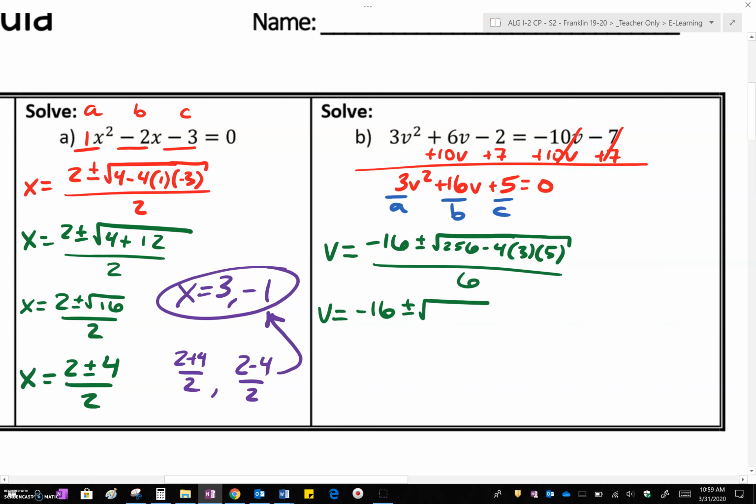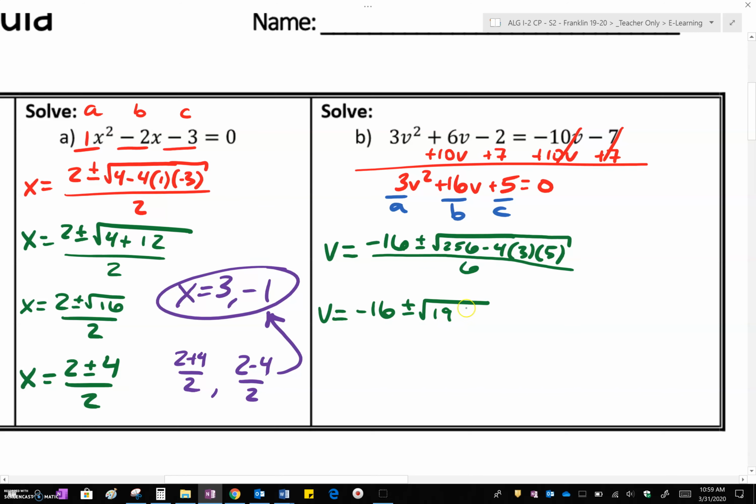Let's figure out the square root. 256 minus 4 times 3 times 5. Well, 4 times 3 times 5 is 12 times 5, which is 60. So 256 minus 60 is 194, I think. No, that's not right. 196.